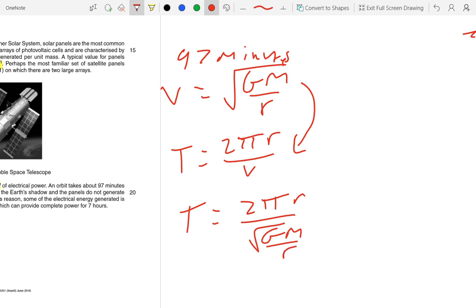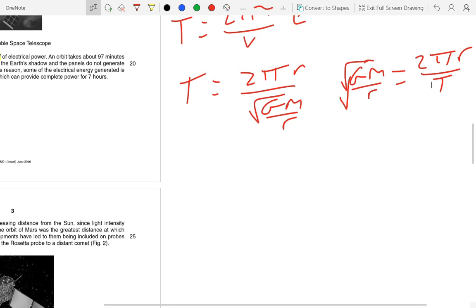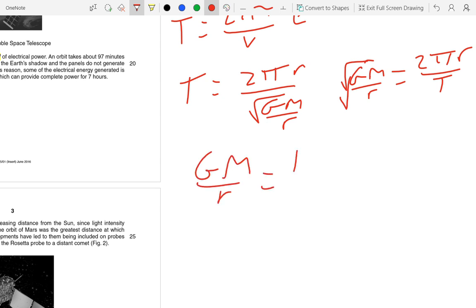We'll rearrange it a little bit, and we've got root GM over r, the whole thing square rooted, equals 2 pi r over T. And then you can square both sides, so you've got GM over r equals 4 pi squared r squared over T squared, and then you want something in terms of r, so let's move all the r's over to one side and all the rest of it over to the other side.